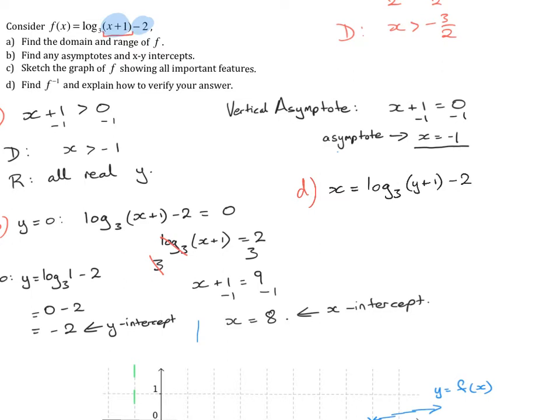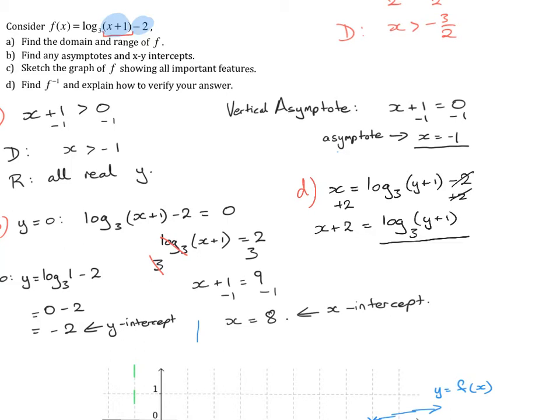Now, to get y as the subject, first I need to add 2 to both sides. And then because this side here is just log of something, I can put it to the power of 3 to cancel out the log.